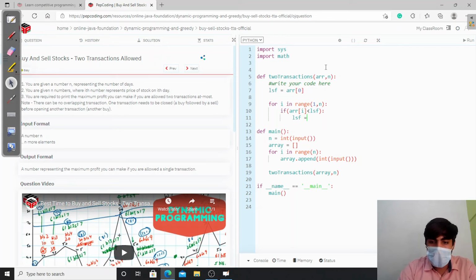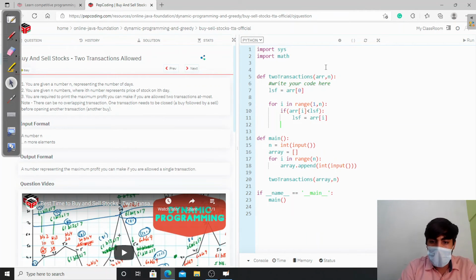Least so far becomes today's price. Okay, and after that in the else, I am finding the max for left, because we have to take the maximum from the left, which is today's price minus least so far.